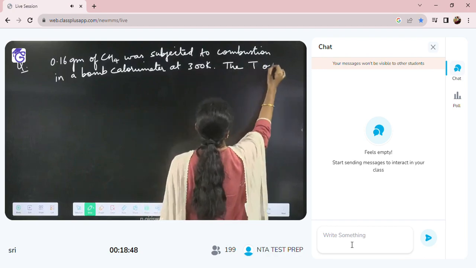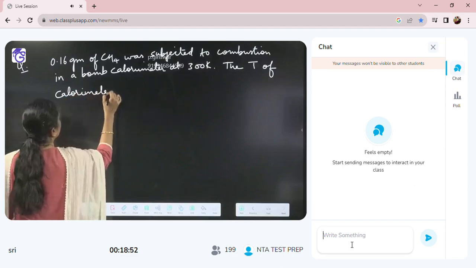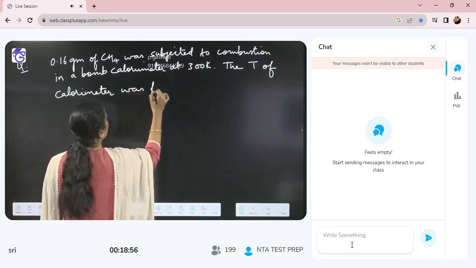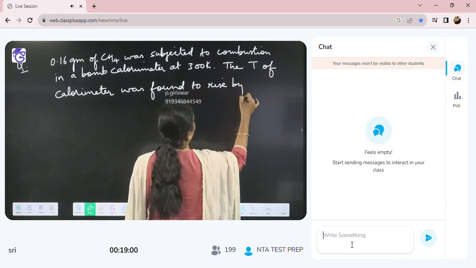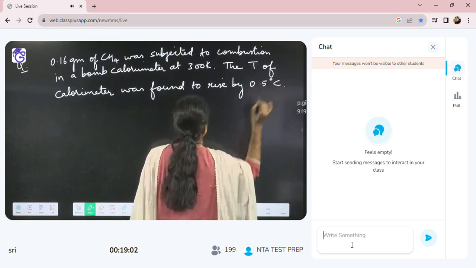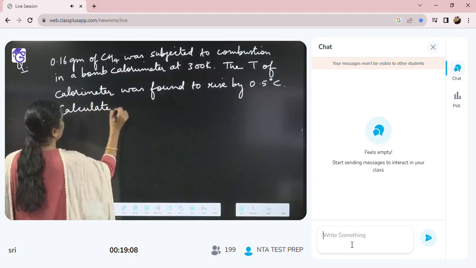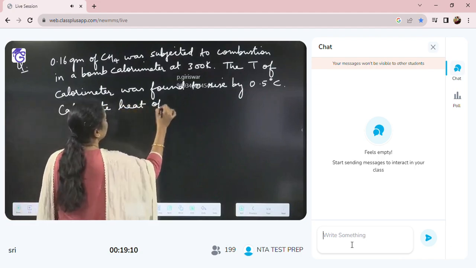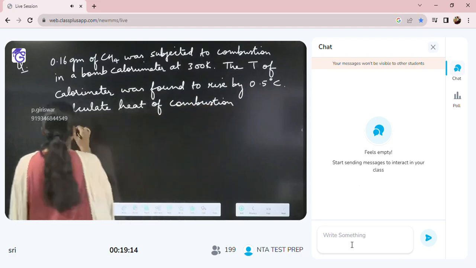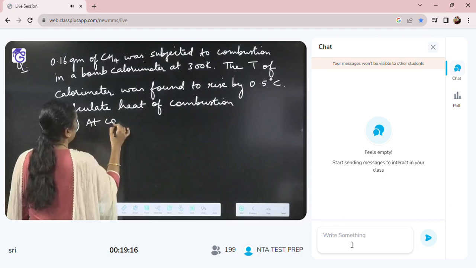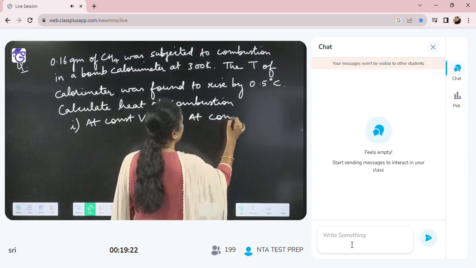The temperature of the calorimeter was found to rise by 0.5 degrees Celsius. Calculate the heat of combustion. First one at constant volume. Second one at constant pressure.